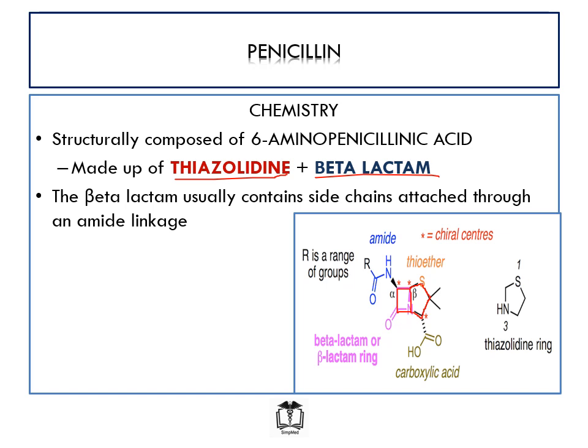So we have different examples of penicillin, and penicillins tend to differ in terms of their chemistry because of that side chain. That side chain is represented by the R group in this particular image here. One extra thing to note, the beta lactam ring present in penicillin is what makes it an antibiotic. If we remove or destroy the beta lactam ring of penicillin, it becomes inactive as an antibiotic.